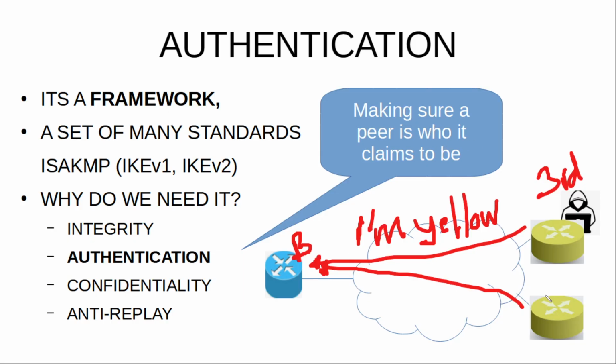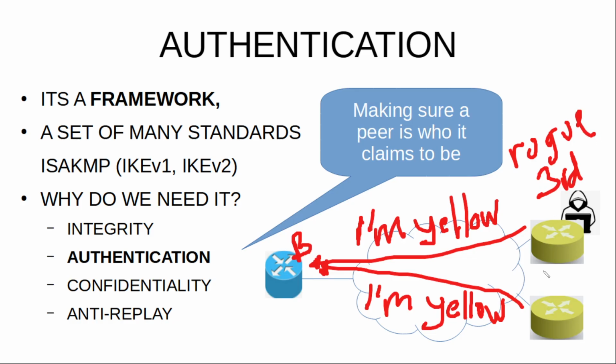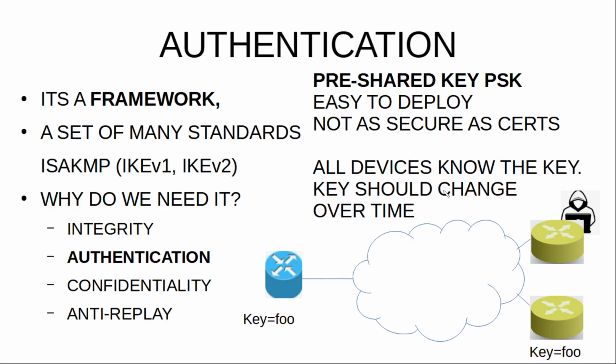So we can have a rogue device claiming to be the yellow router, and we can have a legitimate device claiming to be the yellow router. So with authentication, we are going to make sure a peer is who it claims to be.